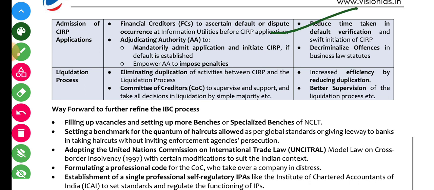The benefit: reduce time taken in default verification and swift initiation of CIRP. Decriminalize offences in business law statutes. Liquidation process: eliminating duplication, committee of creditors. And the benefit: increased efficiency by reducing duplication, better supervision of the liquidation process, etc.